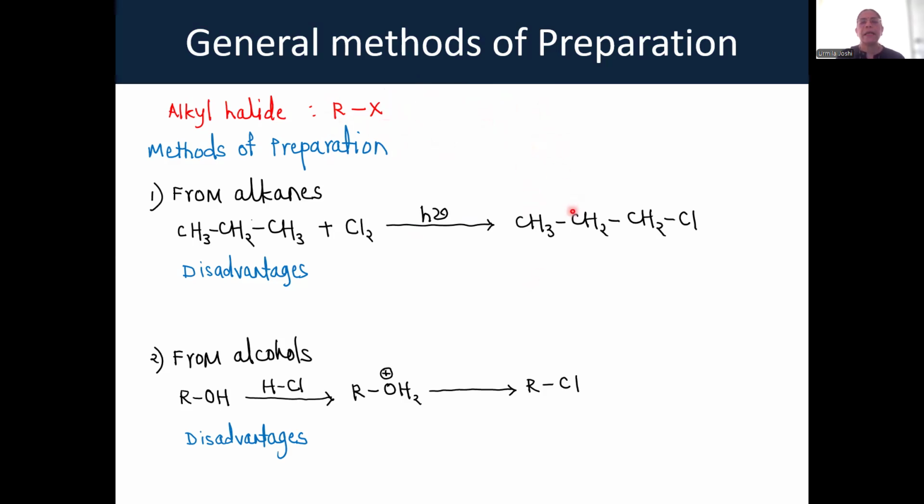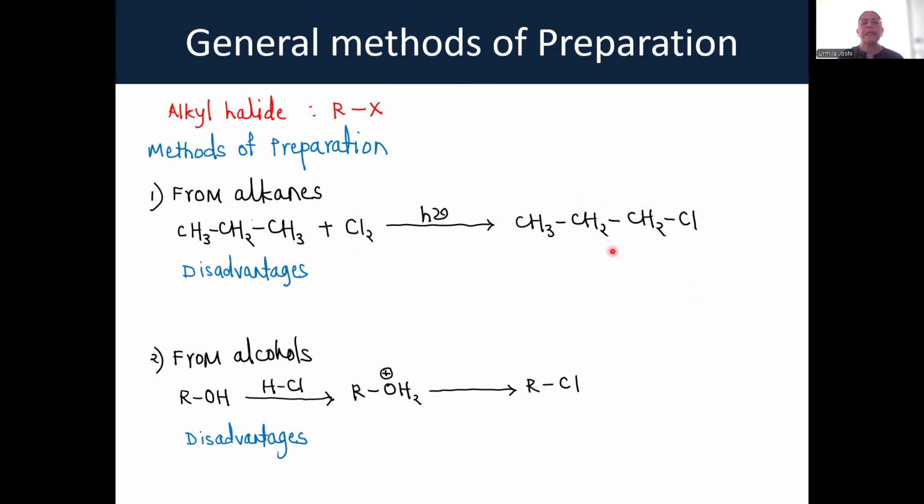Let us first try to understand the methods of preparation of alkyl halides. The first method of preparation is from alkanes. You have done this in 11-12 standard, I suppose. This is just a repetition. Any alkane, when it is treated with chlorine in presence of light, undergoes a free radical reaction and results in formation of alkyl halide.